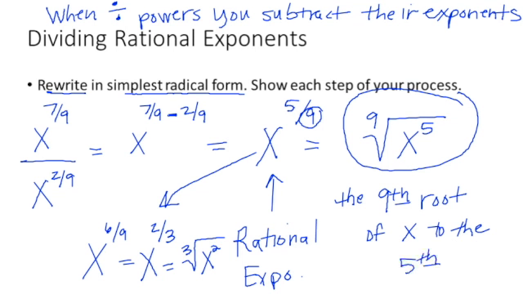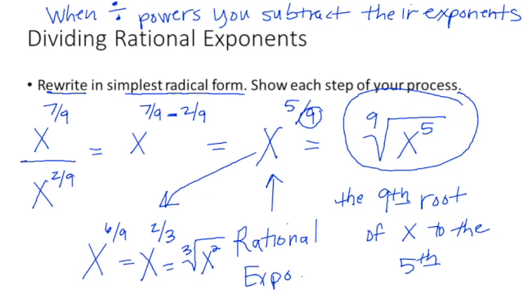Okay, so a lot of people will say that incorrectly, and they will say little 9 little square root thing. So I just have to let you know that's one of my pet peeves is, 9 square root x to the 5th. Well, that doesn't make any sense. This is the 9th root of x to the 5th.